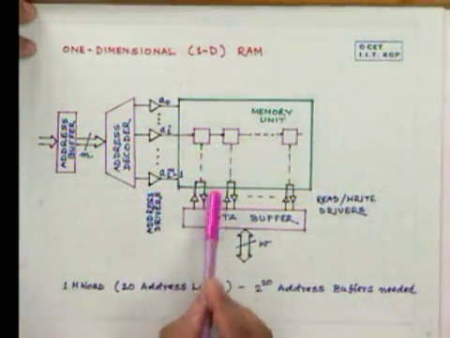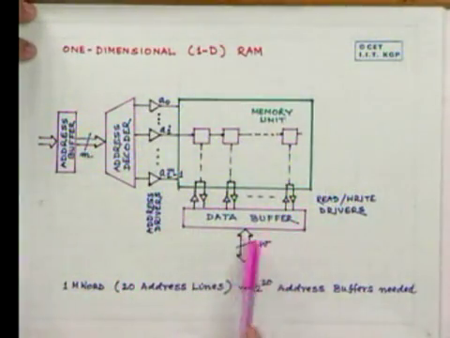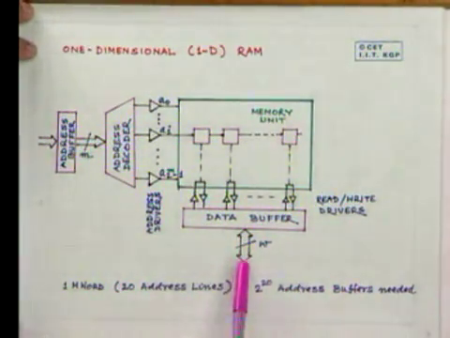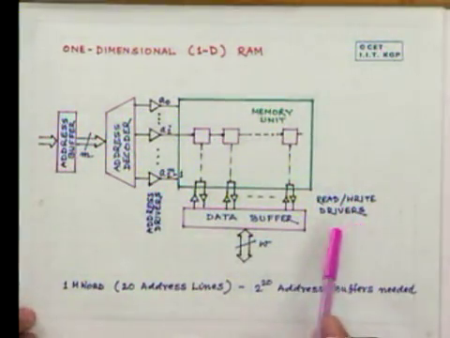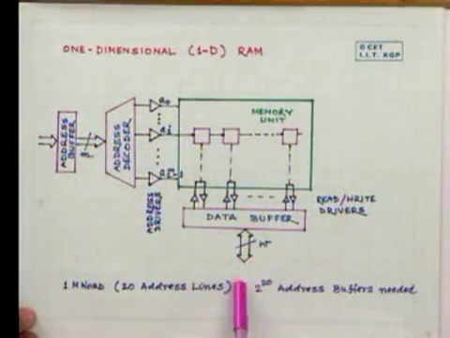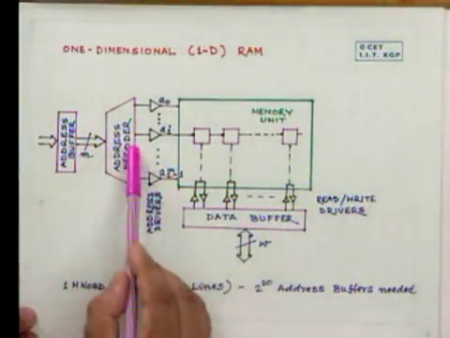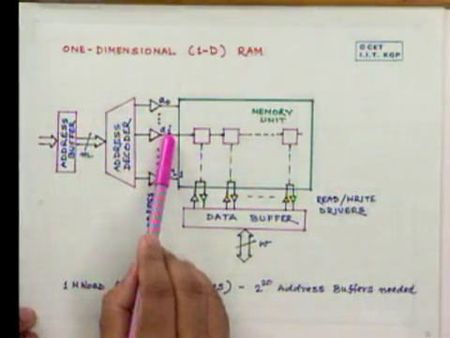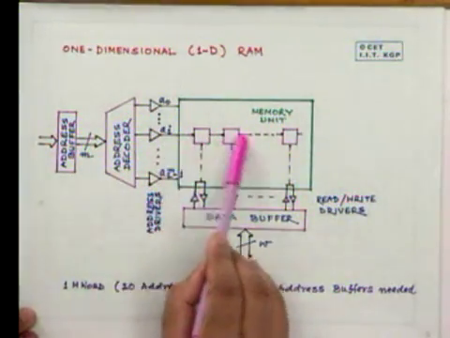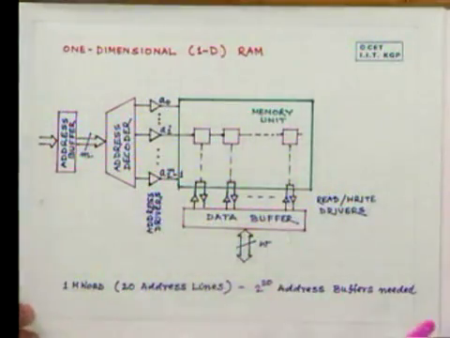In the case of a read, the data comes over to the data buffer and goes out to the data bus. These are read-write drivers. In the case of a write, the data should come here, and on that particular address being selected, all the cells in that word will be written into depending upon the data bits here.